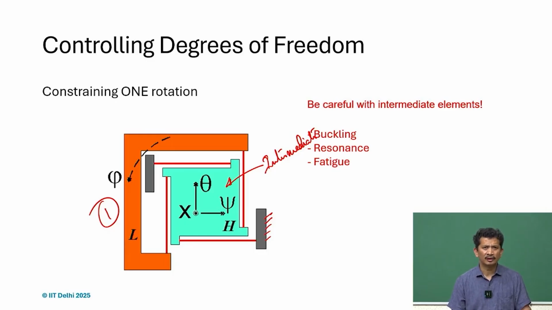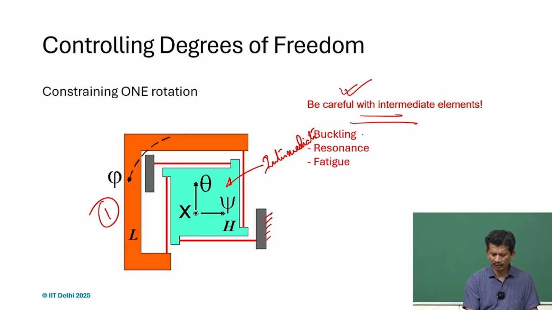So, it can give a lot of problems in design. Suppose you are designing something for a high dynamics application or high speed application, then we may have to find a way to constrain the intermediate body also. And that is why it was mentioned here that we have to be careful about this member.